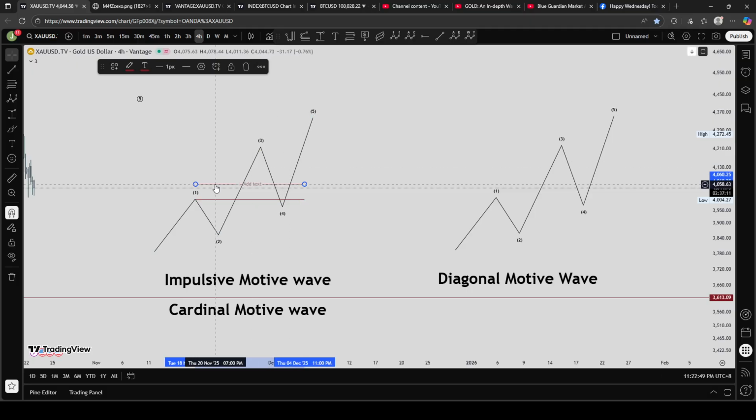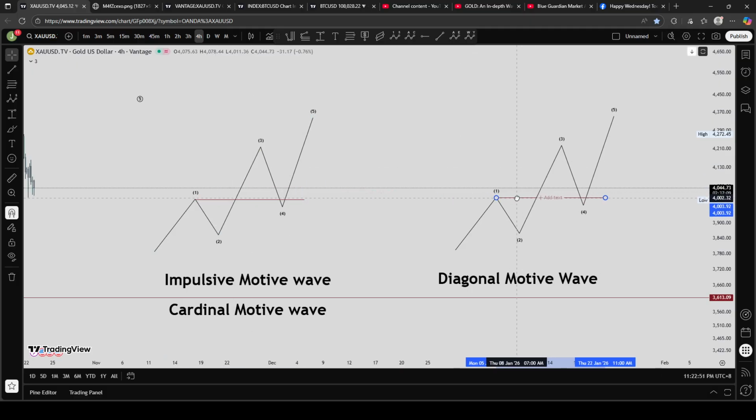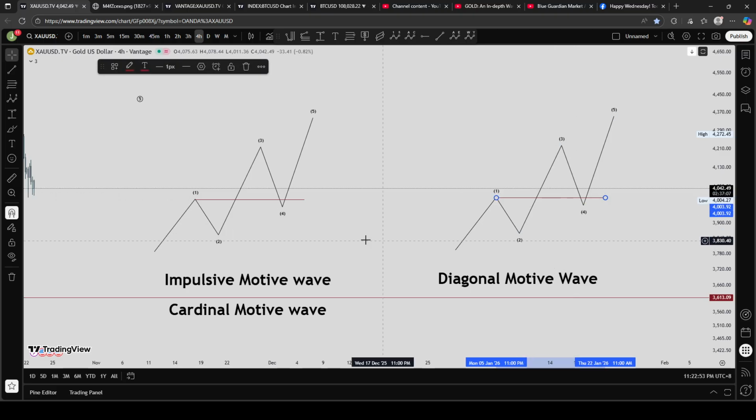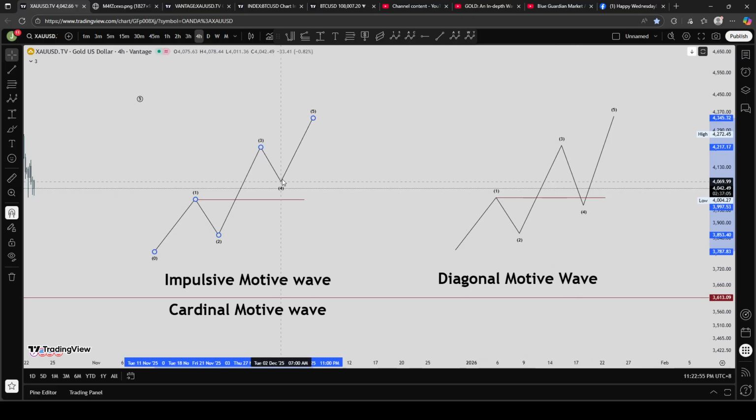A diagonal motive wave will only happen once wave 4 retraces or overlaps the territory of wave 1.